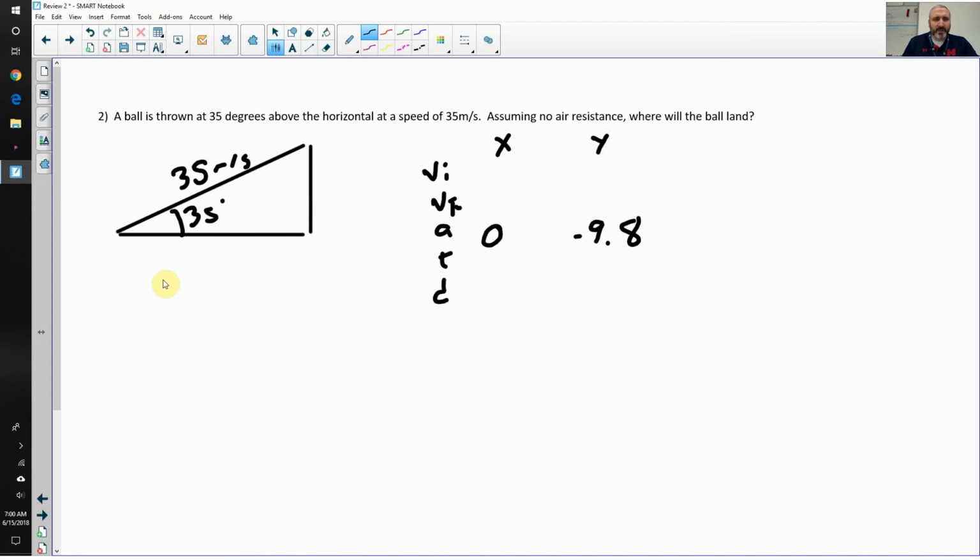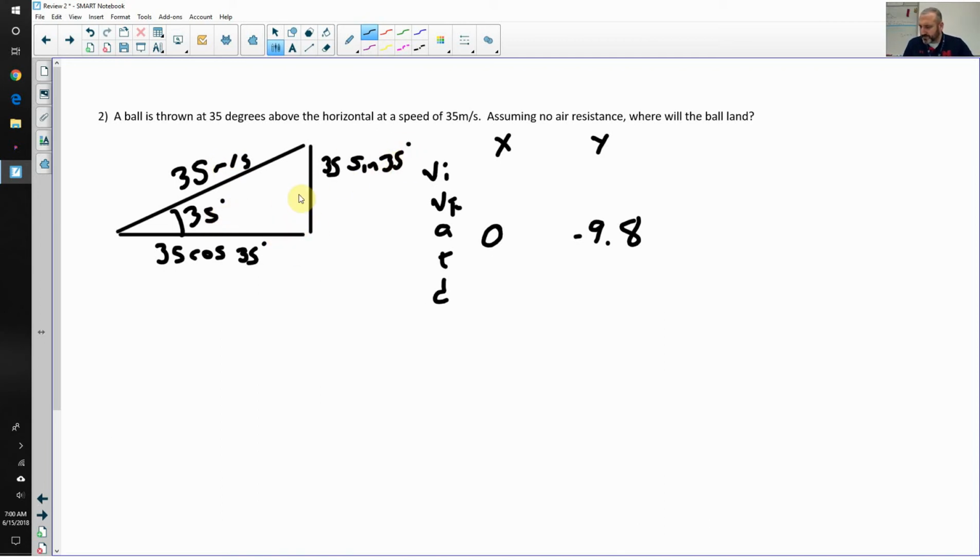What goes into the x is the x component of that 35, and the y is the y component of that 35. To figure that out, for the x it's 35 cosine 35 degrees, and for the y it's 35 times the sine of 35 degrees. This comes from the angle you're launching it at.